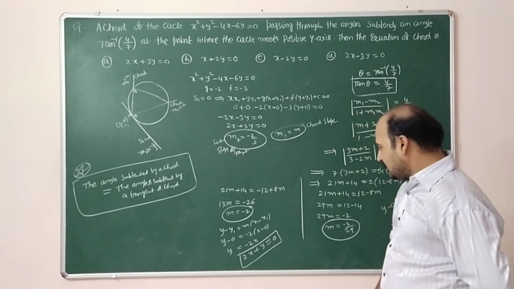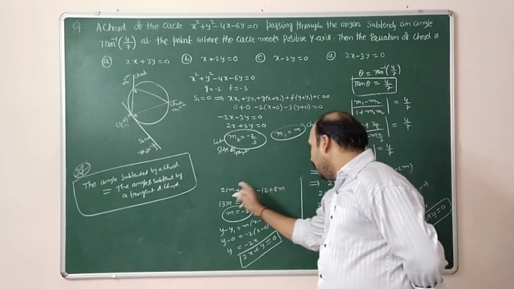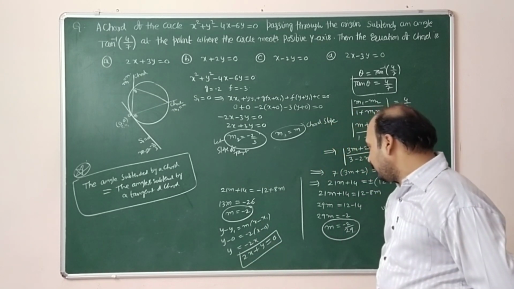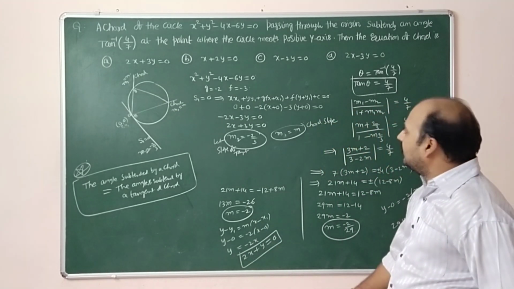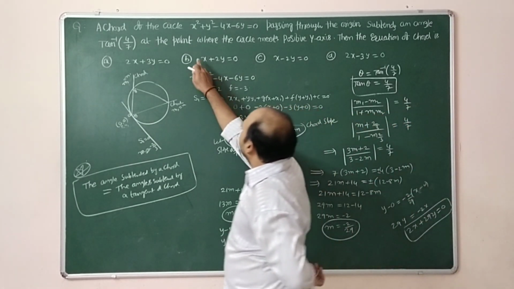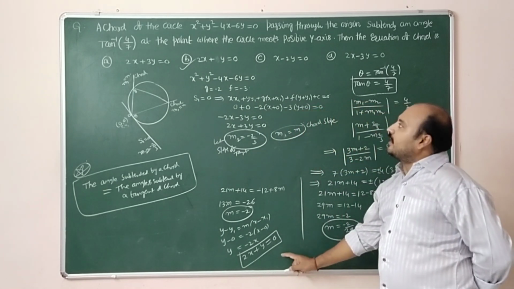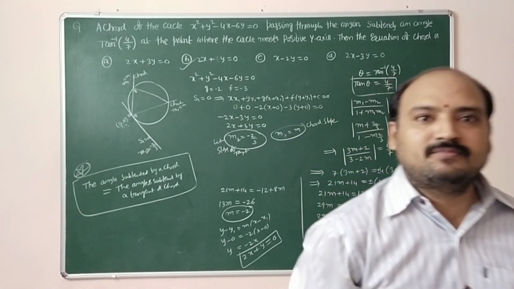Sorry, one minute, 13 ones are 13, twos are 26. So 2x plus y is the equation of the chord. So the second option is the right option.